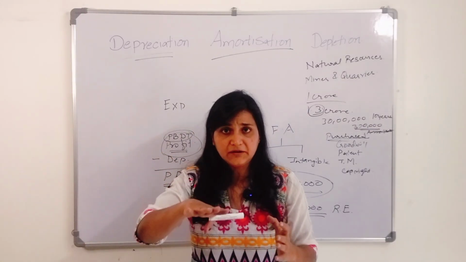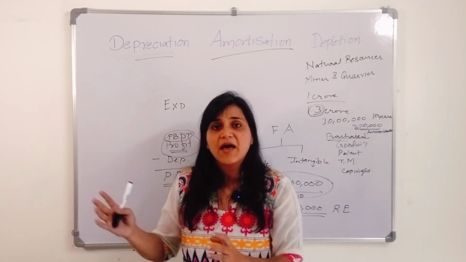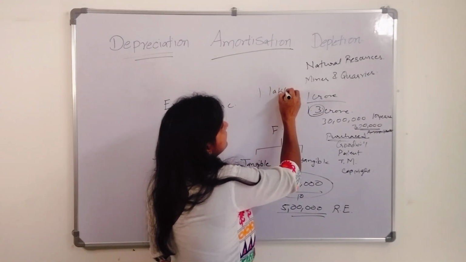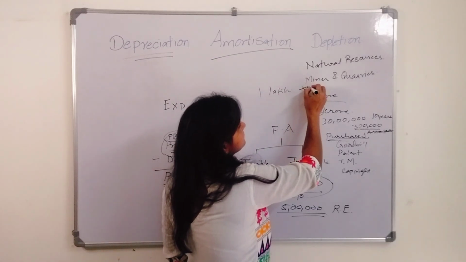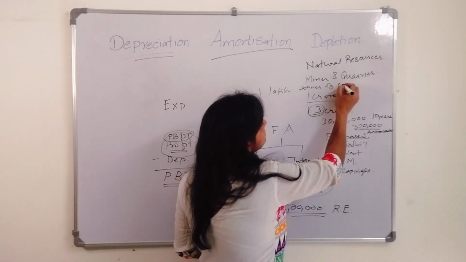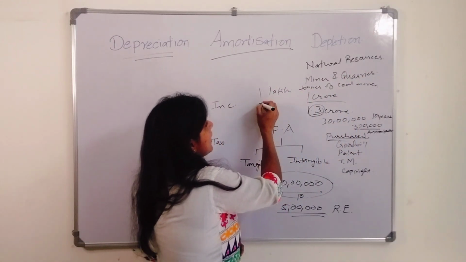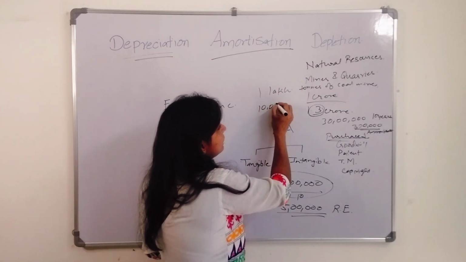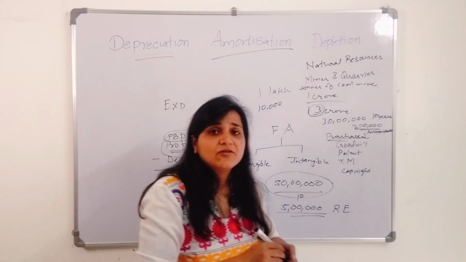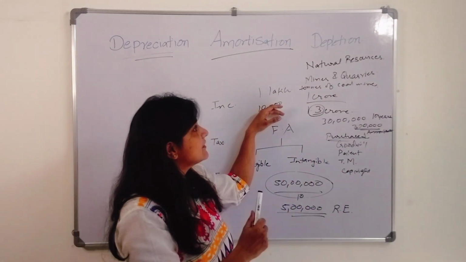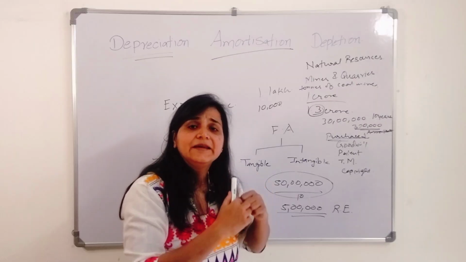It can't be retrieved. If I have 1 lakh tons of coal mine, out of that 1 lakh I extracted 10,000 tons. Now that 10,000 cannot be retrieved, right? So this 10,000 is depleted.